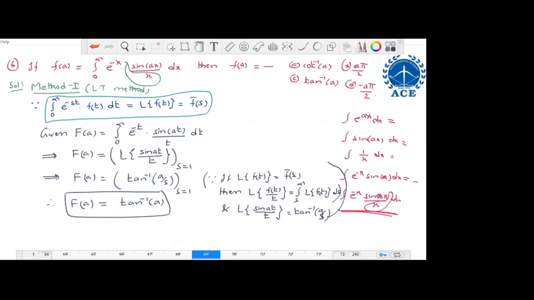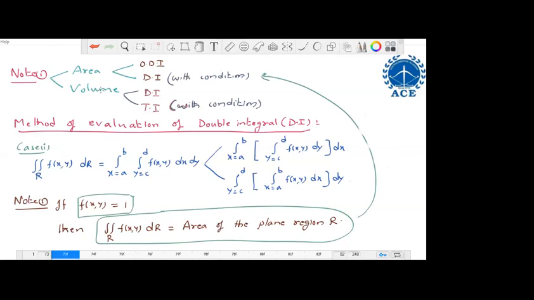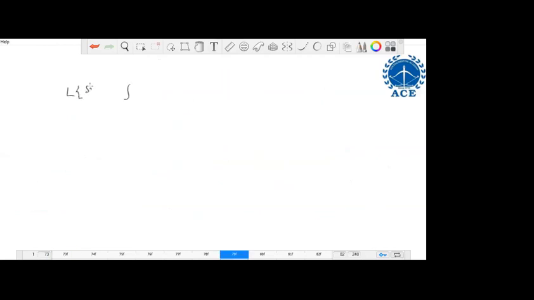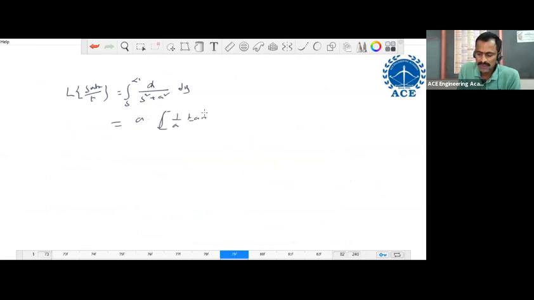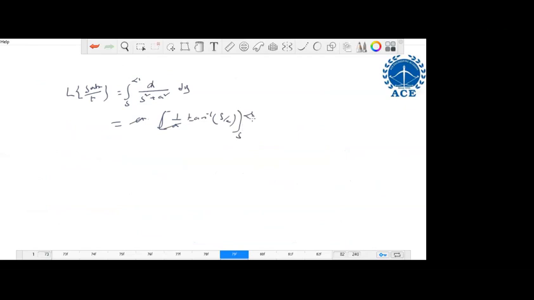Then a by s square plus a square, the integration should come as 1 by a tan inverse s by a. 1 by a square plus s square gives 1 by a into tan inverse of s by a. These two get cancelled.